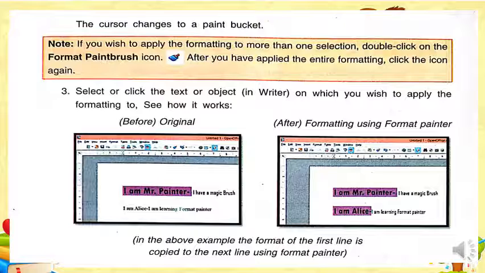To see how it works, I will show you two images, before and after. Before, the original, see here, I am Mr. Painter, and after formatting using the painter, I will apply it to the I am alive. You will see it in the next images. In the above example, the format of the first line is copied to the next slide using the format painter.